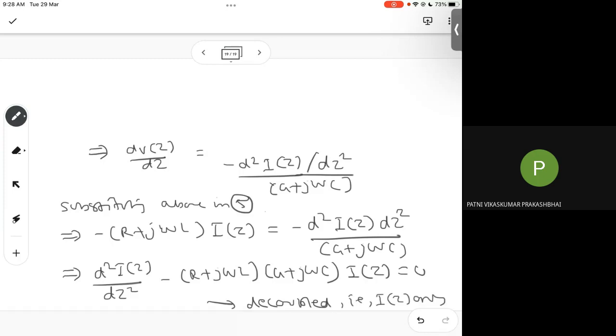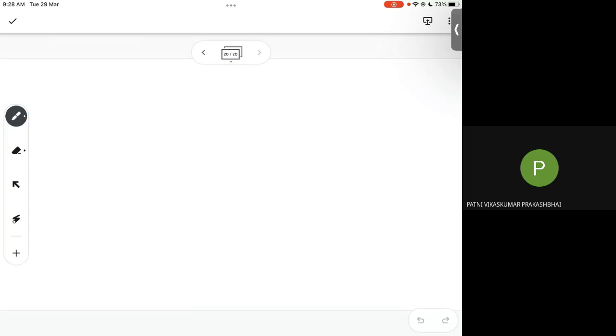Earlier it was I and V, now it is I and I. So I can write this as d square Iz by dz square minus gamma square Iz is equal to 0.